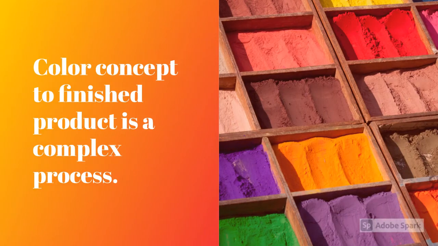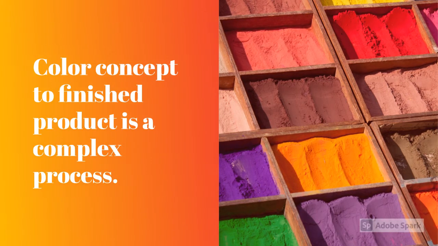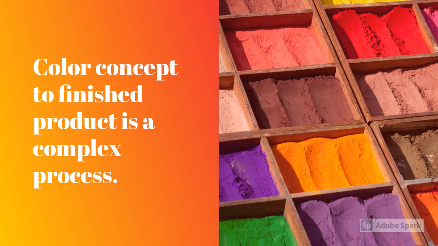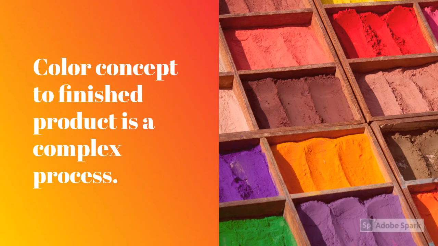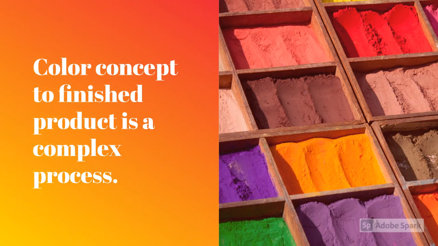So to ensure that the color is consistent, there are several complex processes that occur from the creation of the concept to a finished product in a desired color. Color must be specified and measured, and samples must be created oftentimes before they go into full-scale production.